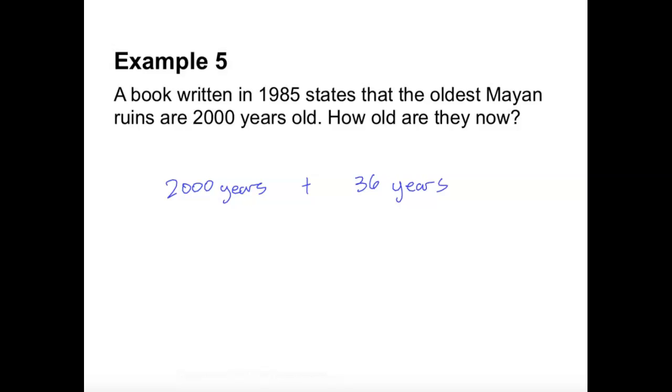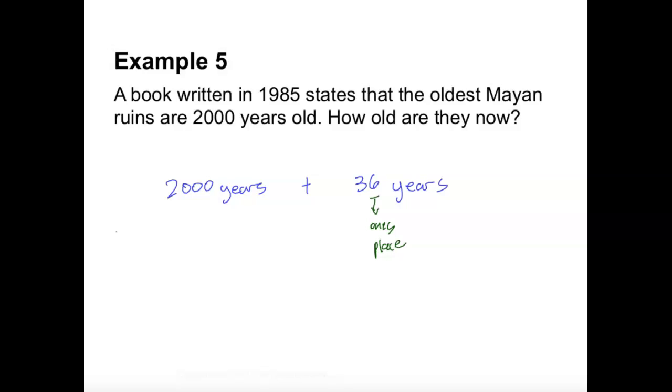All right, so which is the least precise number, 2,000 or 36? 36 is more precise than 2,000 because 36 is being measured to the ones place.